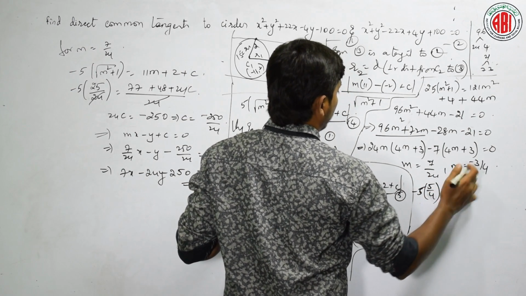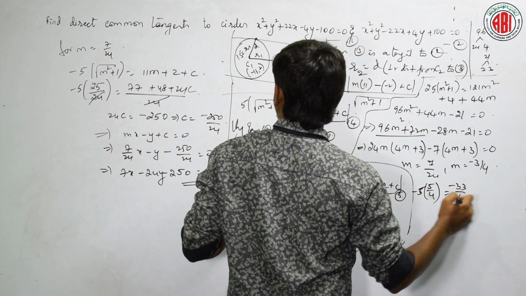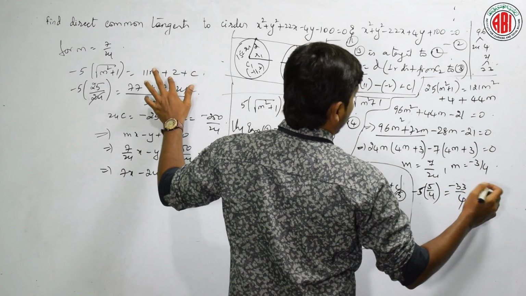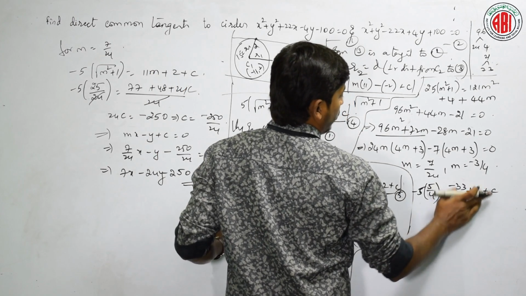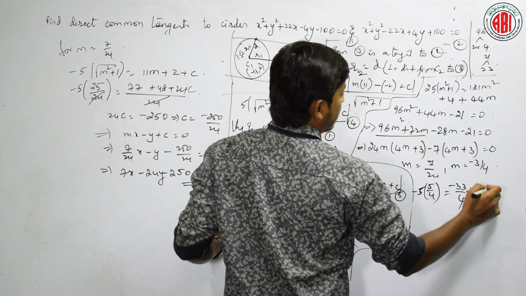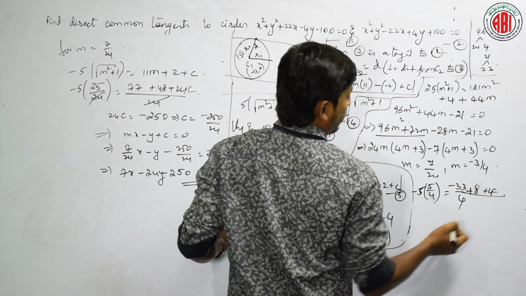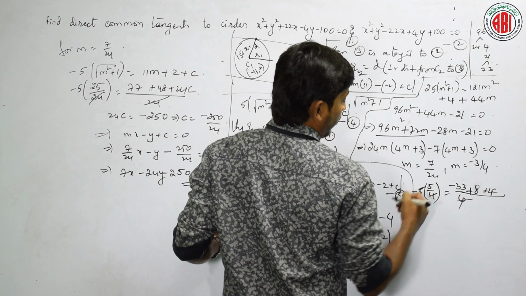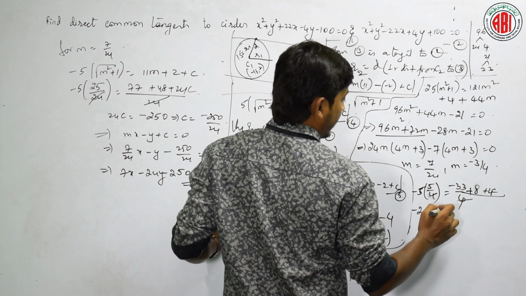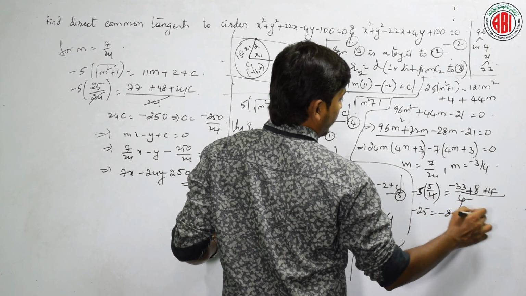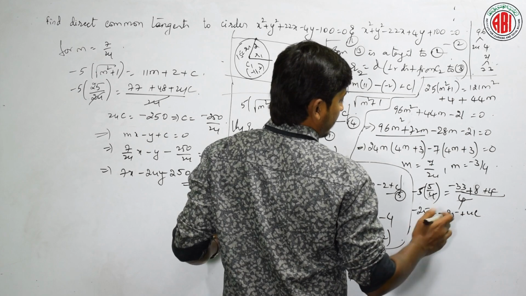That is equal to minus 33 by 4, okay, plus 2 plus c. What is it now? 4 2s are 8 plus 4c. Okay. So, 4 4 will get cancelled, here it is minus 25 and here it is 8 minus 33 is again minus 25 plus 4c. What about this?